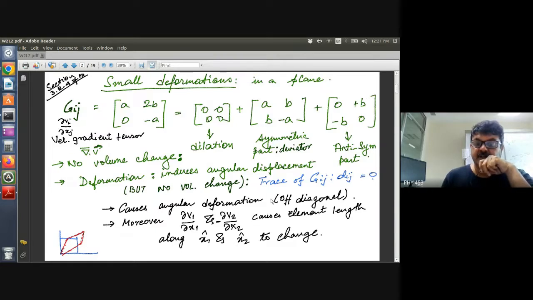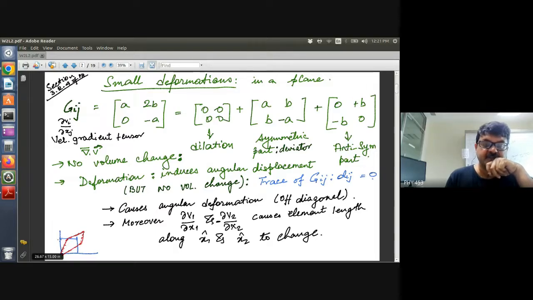So this causes angular deformation, because we know that del Vx del x1 is finite. So along the x direction it will extend, and along the y direction it will contract. This distance will come, and there will be a rotation.